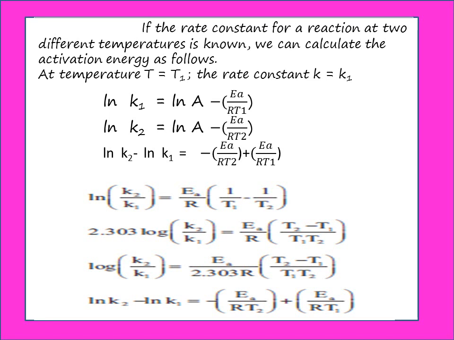So if you introduce this, the equation will become 2.303 log K2/K1 = Ea/R × (T2 - T1)/(T1 T2), or log K2/K1 = Ea/(2.303 R) × (T2 - T1)/(T1 T2). Using this we can calculate the Ea value.